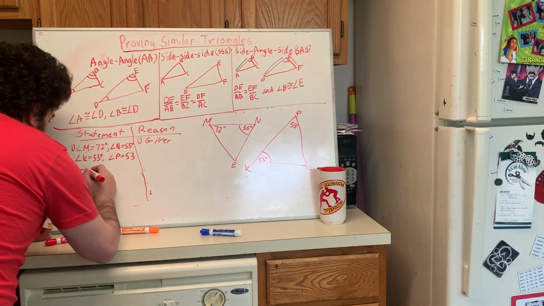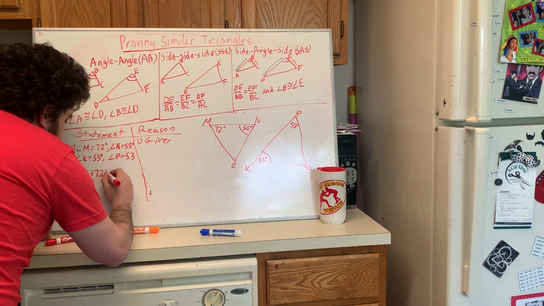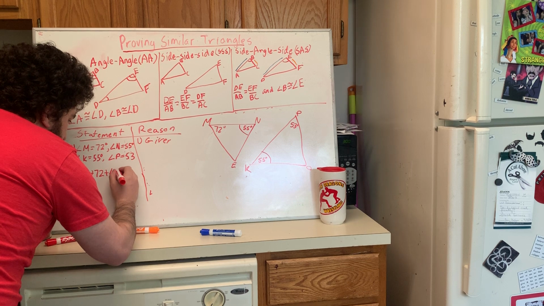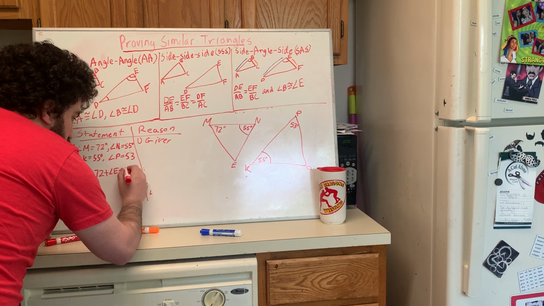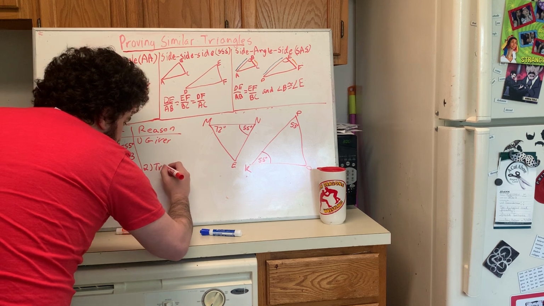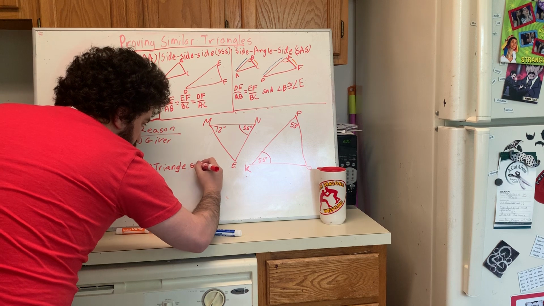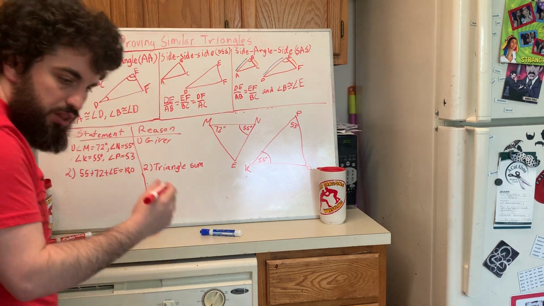So I can say 55 plus 72 plus angle E is equal to 180. Our rationale, triangle sum theorem.